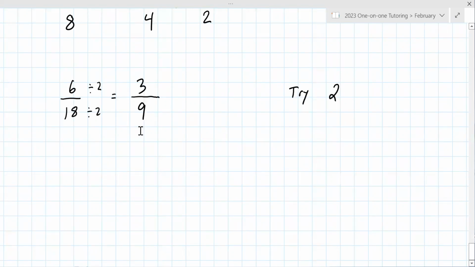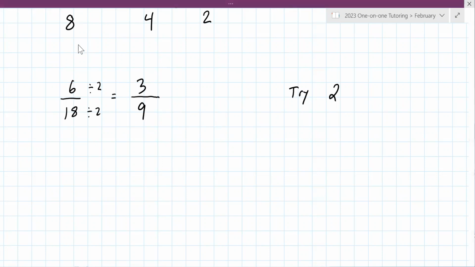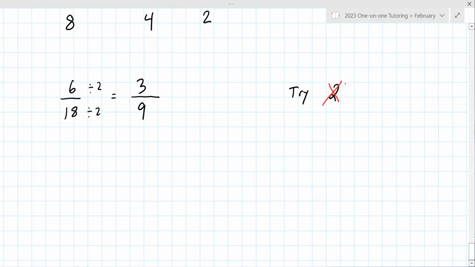Does 2 go into 3 and 9? No. You can also do 1, but 1 goes into every number. 1 always works, because when you divide by 1, you get back the same number. It doesn't get you any closer to your answer. What comes after 2? 3.